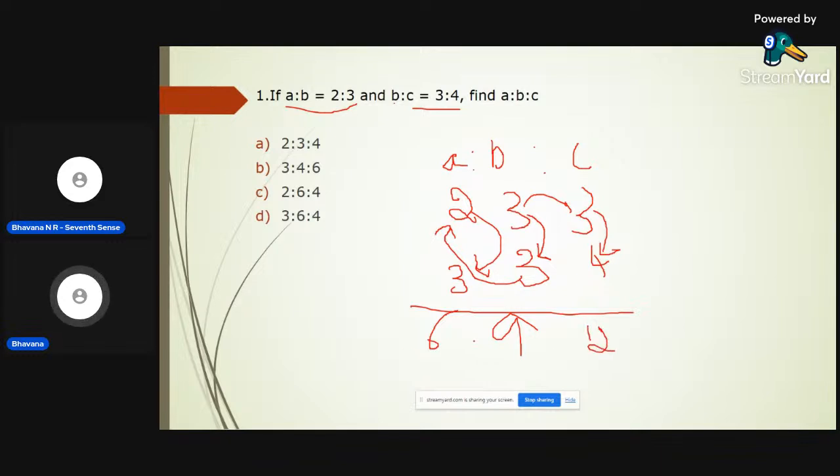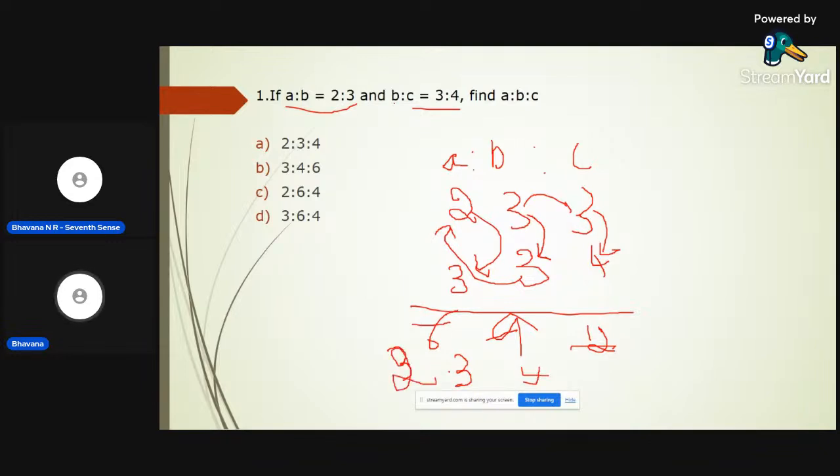It is all divided by 3, right? 3 2s are 6, 3 3s are 9, and 3 4s are 12.